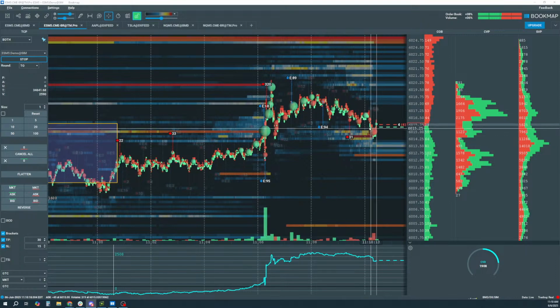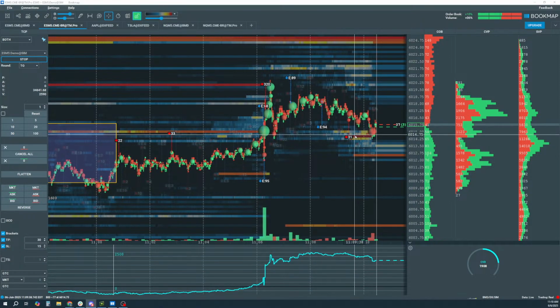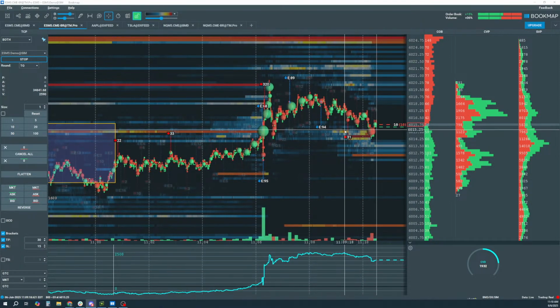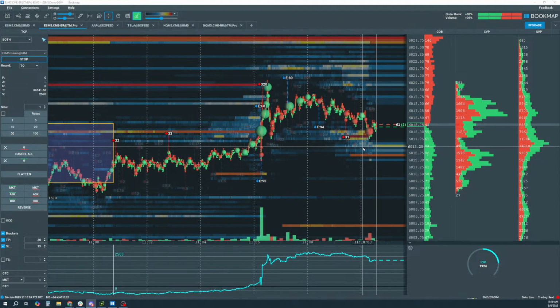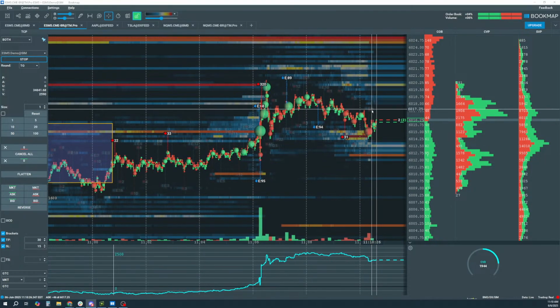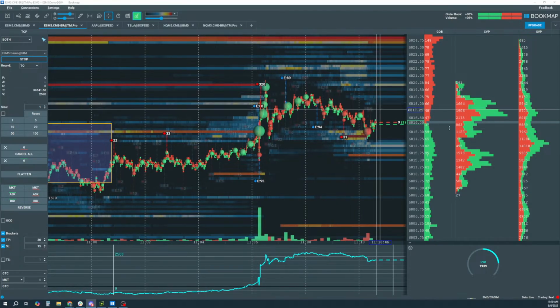And when it looks good and you know it, you can even consider changing your risk reward profile or your scaling.